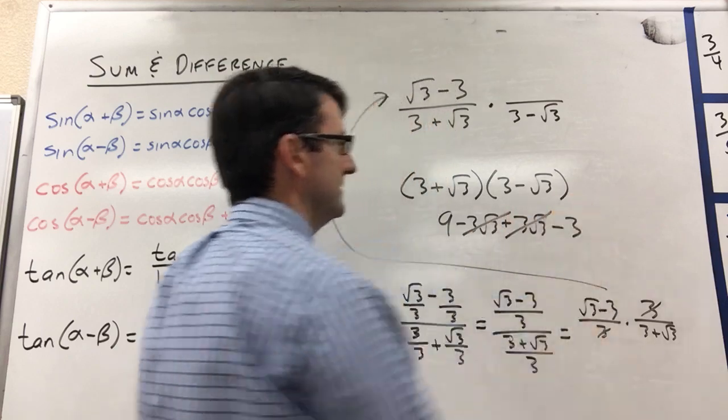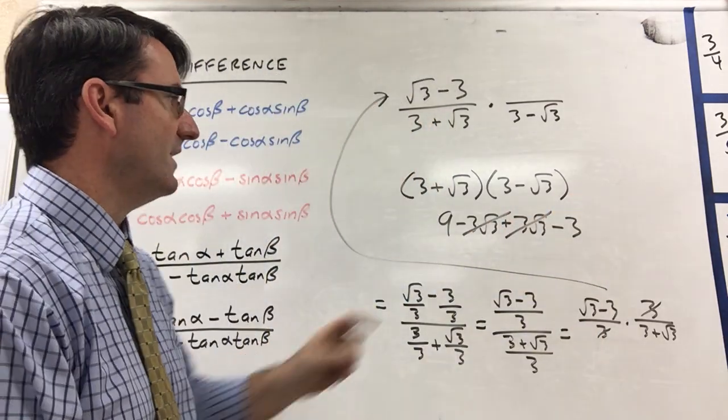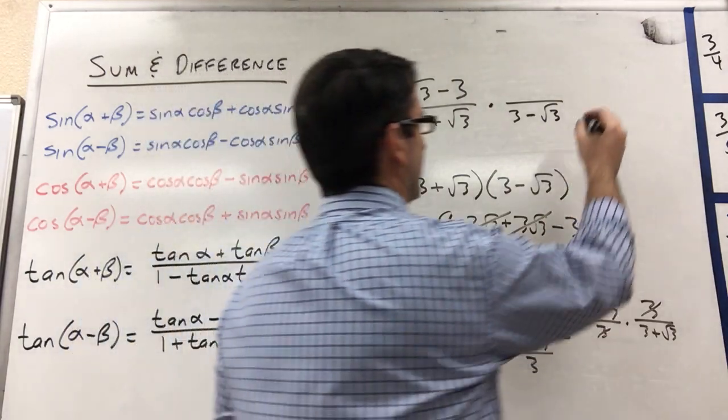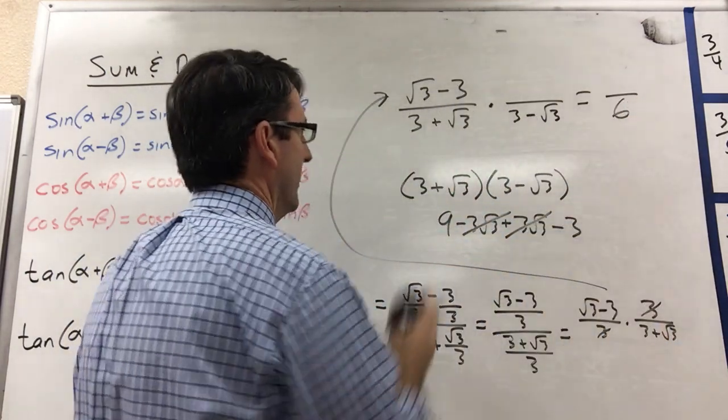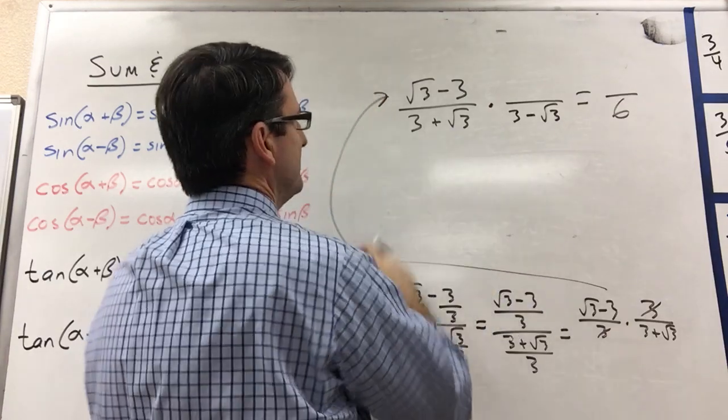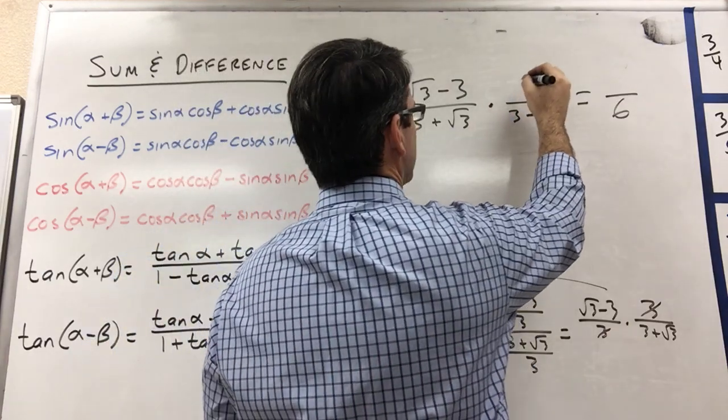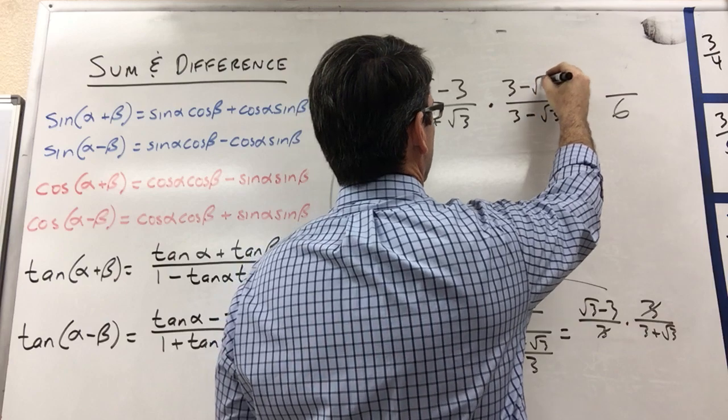And these will just go away. And we're left with 6 on the bottom. All right? And then we have to multiply by the same thing on the top. So 3 minus square root of 3.